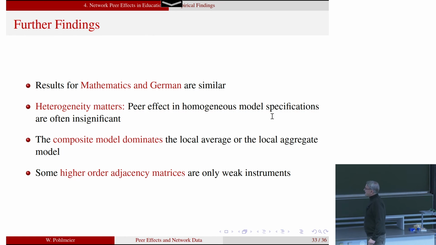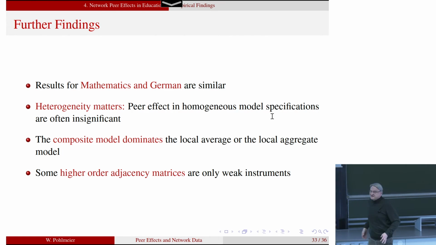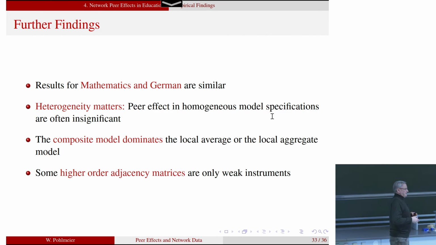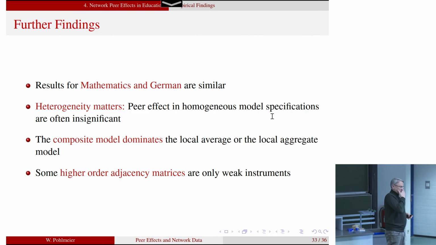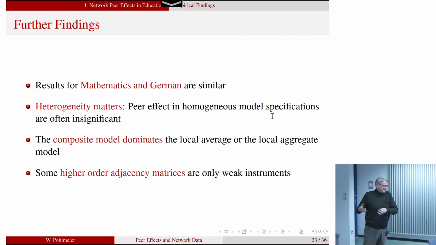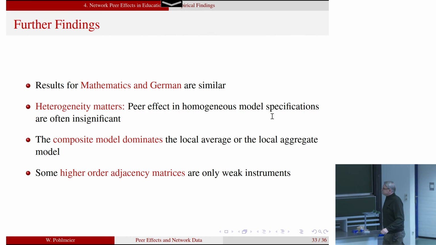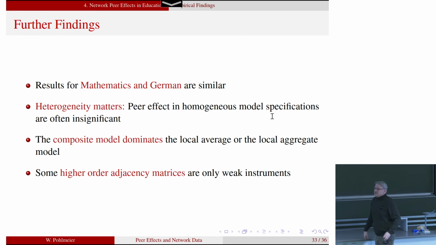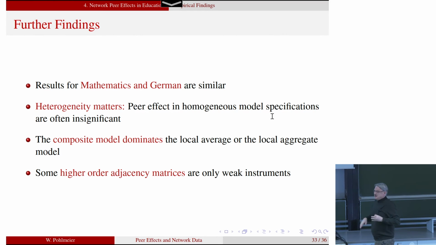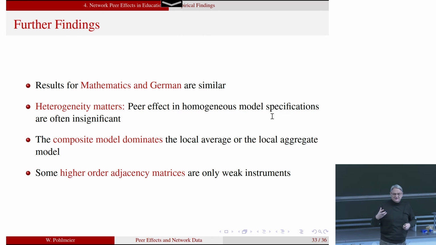The final point is we are using the peers of the peers as instruments, but you could also use higher order peer effects or adjacency matrices, but these become weak. So there is a trade-off. One can study mathematically that more instruments is better asymptotically. You get a precise estimate asymptotically.